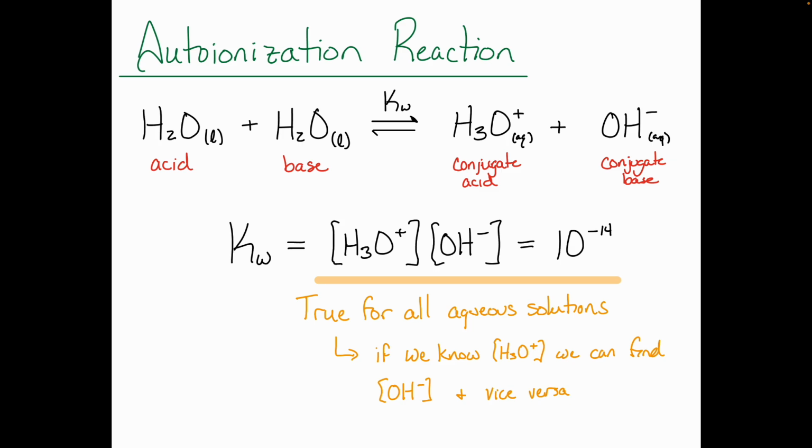And what we're going to see is the name of the game in this chapter and the next chapter is going to be all about trying to figure out what the hydronium ion concentration is in our solution. All right, we'll talk about pH here in a second. I think everybody's heard of pH. pH is the amount of hydronium that you have in your solution. So this is going to be really helpful in finding out how much hydronium we have.